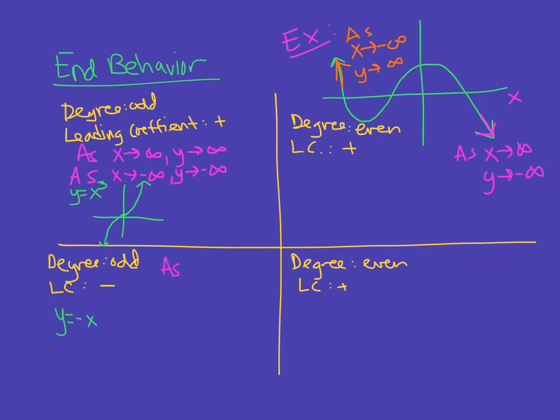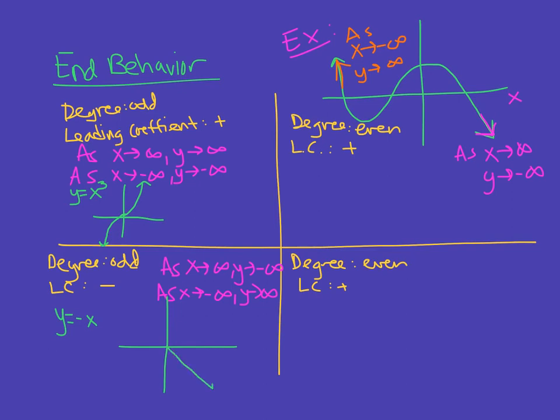So for that case, as x approaches infinity, y is going to go towards negative infinity, and as x approaches negative infinity, y will approach positive infinity. So as x approaches infinity, y approaches negative infinity.